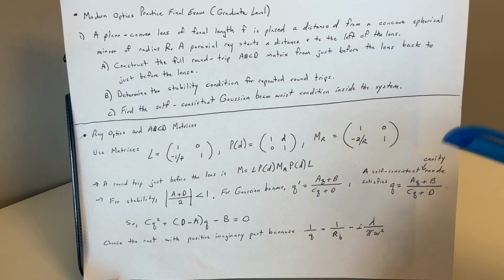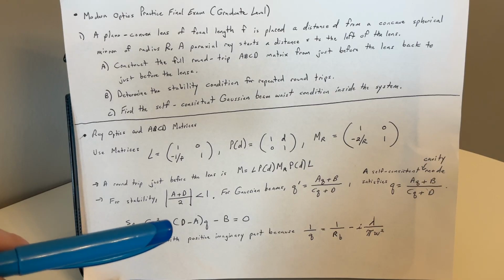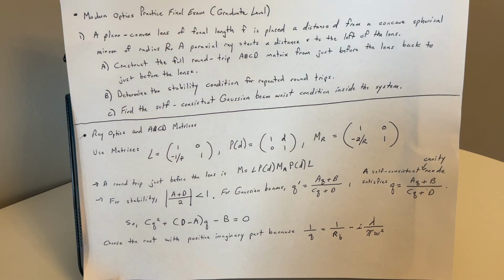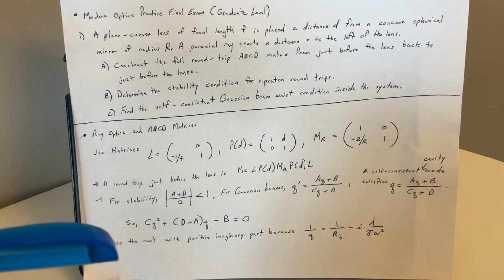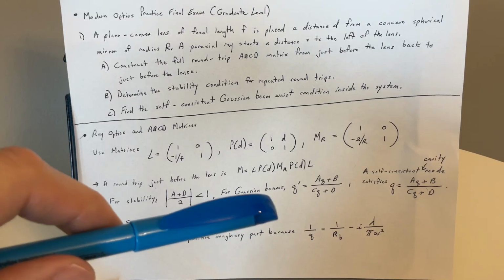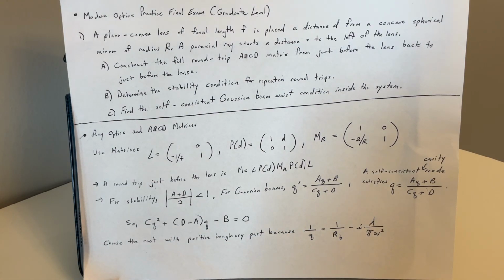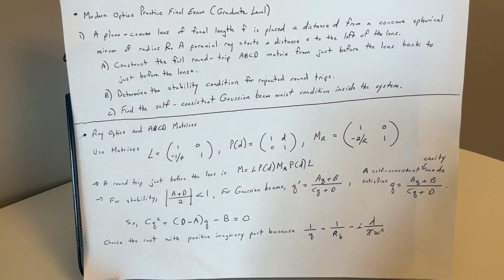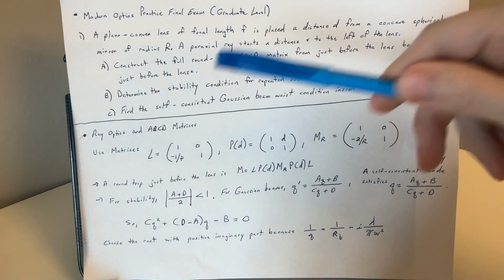A self-consistent cavity mode satisfies q equals (Aq plus B) over (Cq plus D). So we get C q squared plus (D minus A) q minus B equals 0. We choose the root with positive imaginary part, because 1 over q equals 1 over R minus i lambda over pi w squared, where w is the beam radius. Okay, so that's number one, and my apologies for the misspelling.